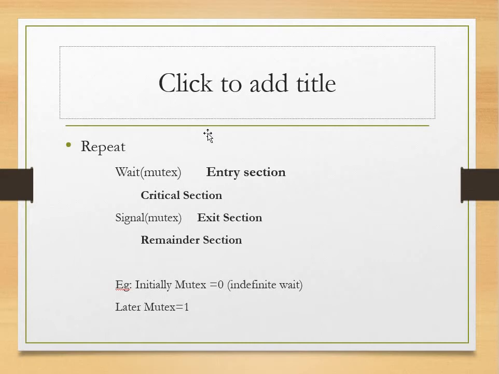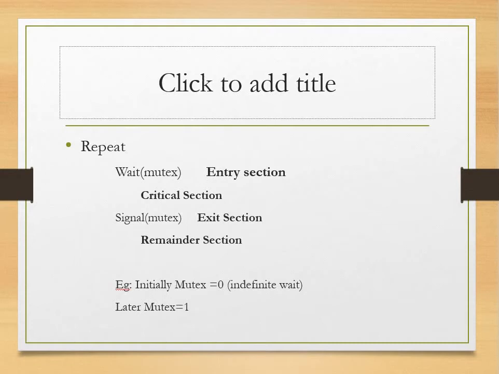For your understanding, I have made a few small changes here. If you look into this code, imagine the repeat operation starts in the beginning. We'll use one mutex integer variable, with values zero and one. Wait of mutex is called the entry section.